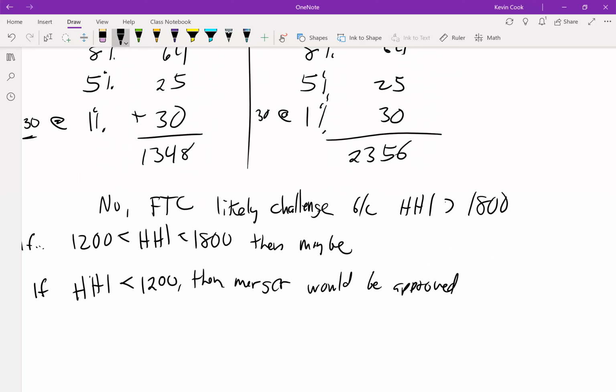But for the sake of argument, the three options you may have are no, maybe, and yes. Again, the barriers we're looking for are 1,800 and 1,200. We'd like to be under 1,200, but if we're in that middle range, it can be okay, depending on what we see.